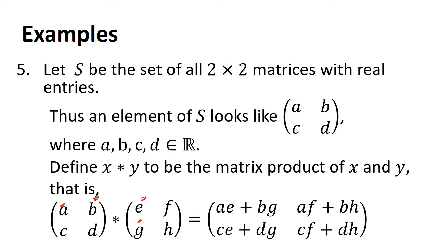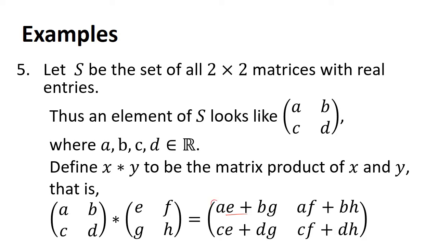I guess you can manage to look at the pattern, but it's like this. A times E plus B times G is the first entry here.